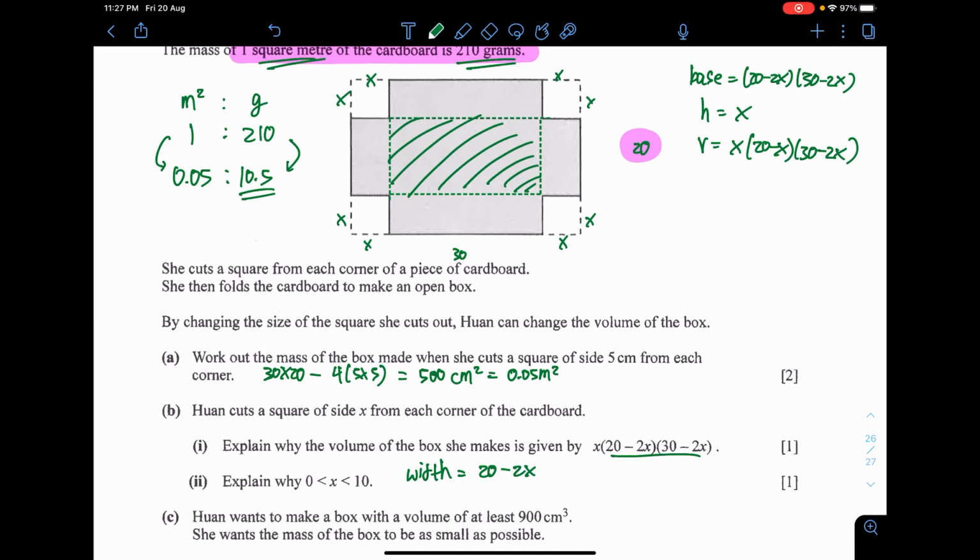So if x is more than 10, then the width will become negative. 20 minus 22, for example, when x is 11, you got negative 2 as the width, which is not possible. And of course, x cannot be negative, so that's why they put 0 less than x less than 10.